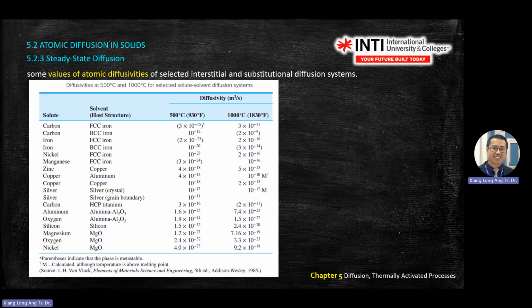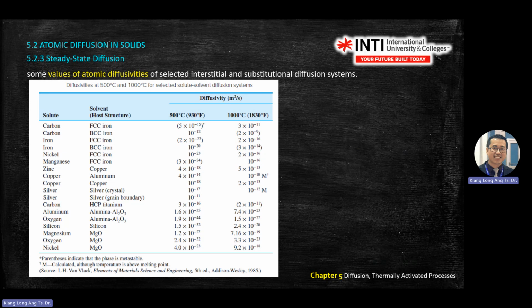For example, if the question asks about an experiment where you calculate diffusion of zinc, the engineer put zinc inside molten copper, it means you need to use this row. The solute is zinc, the host is copper. Don't use the wrong one.